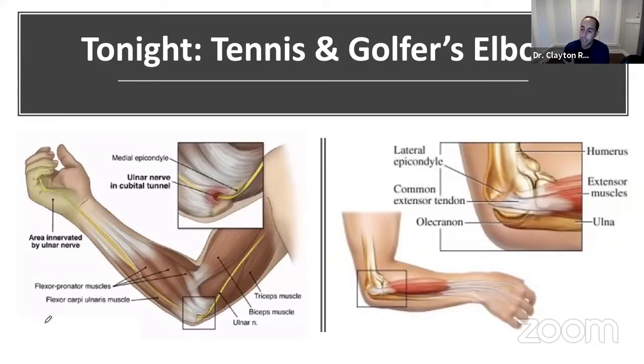So here again, as a chiropractor, we have to differentiate: is the symptom caused by something that's starting at the elbow? Is it caused by something that's starting at the neck? Many things will lead you down the path. For us, Dr. Ben and I, we'll take a look, maybe an x-ray.